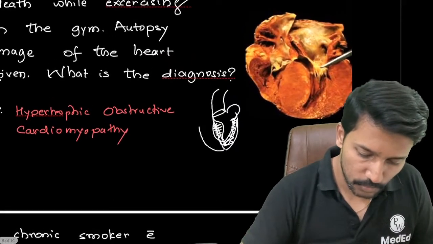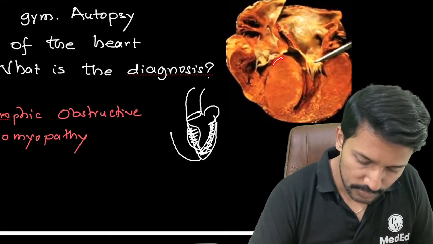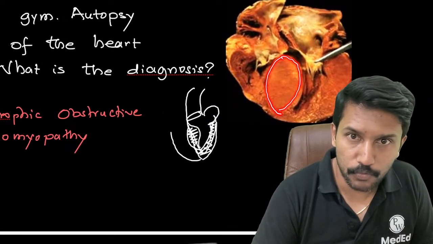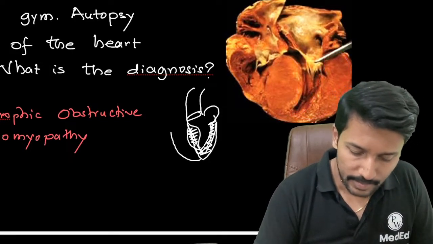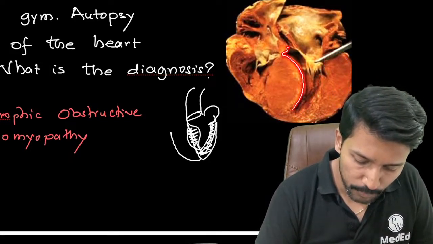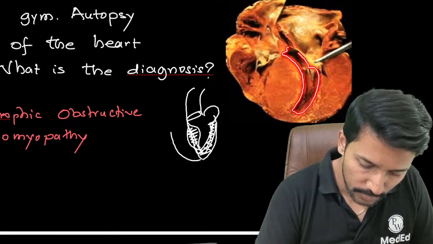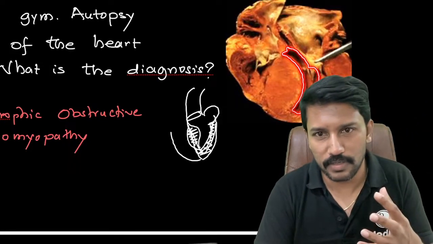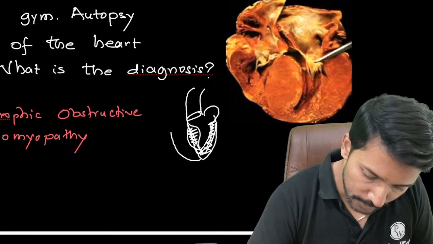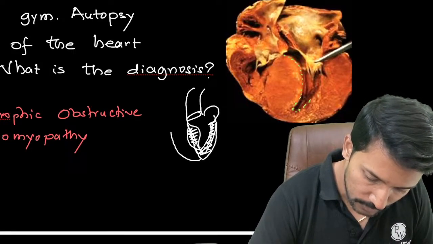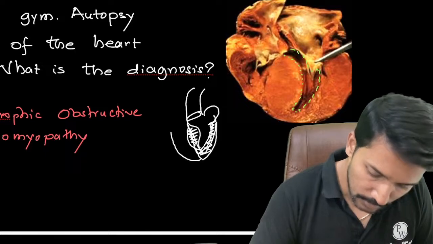So the first observation, look at this. This is the interventricular septum which has become asymmetrically hypertrophied. This is the free wall of the left ventricle which has become hypertrophied. And now you can easily imagine a banana inside this ventricle. That is why it is called banana shaped left ventricle.